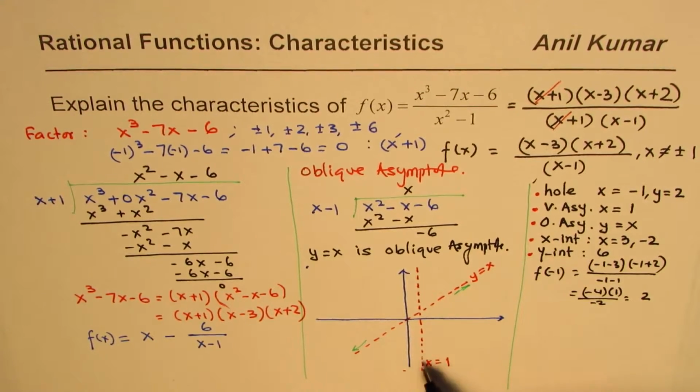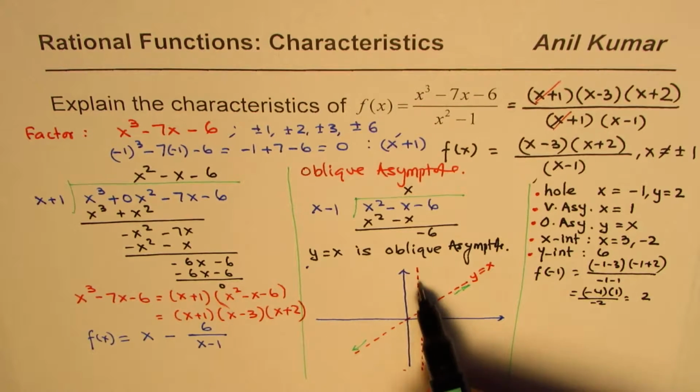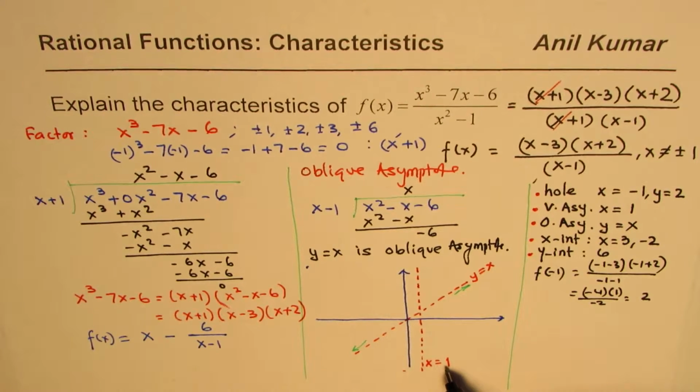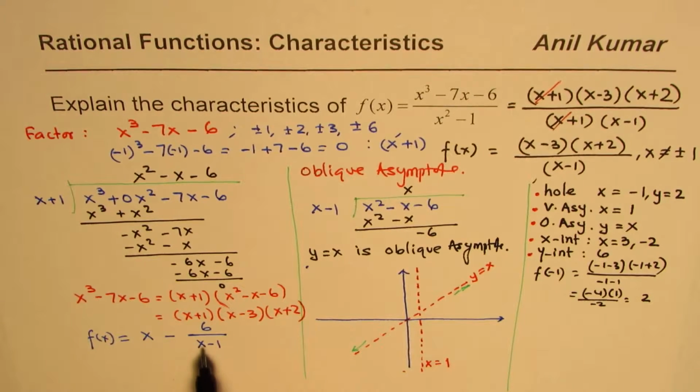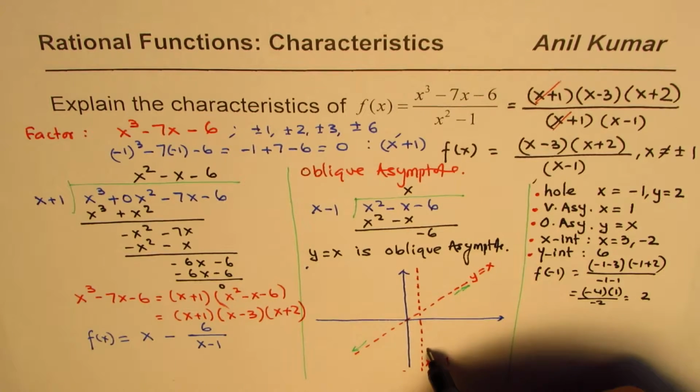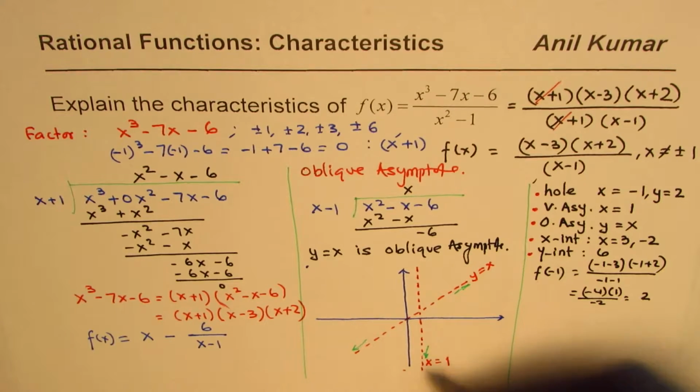You can also find end behavior near the vertical asymptote. If you are approaching a value of x slightly more than 1, this is positive, and this value also gives us a positive value. So we take away a bigger positive value, which is minus 6, and that gives us a negative value.